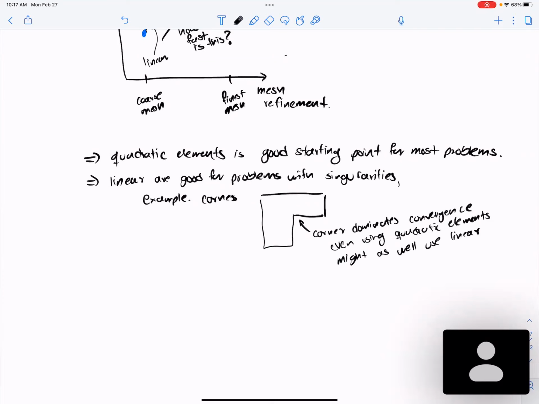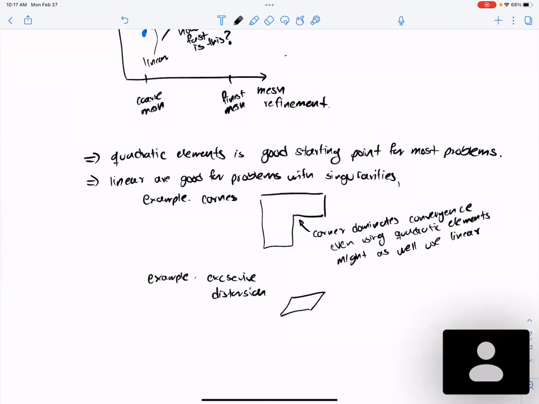Another one is where you have excessive distortion. So when you have excessive distortion of elements, that also reduces your convergence. The shape functions are not as well behaved when you have a lot of distortion of elements. In 1D, there's no distortion because things are just stretched.